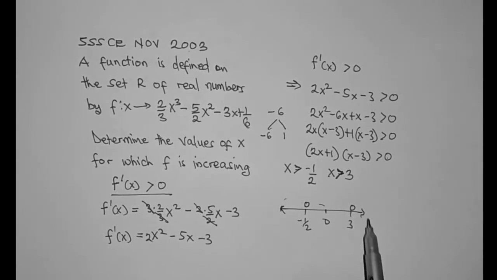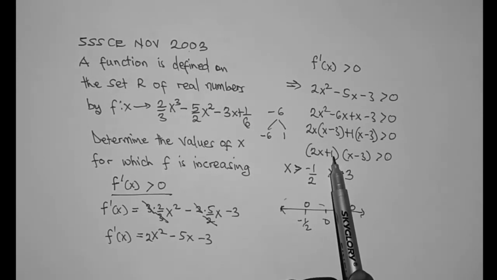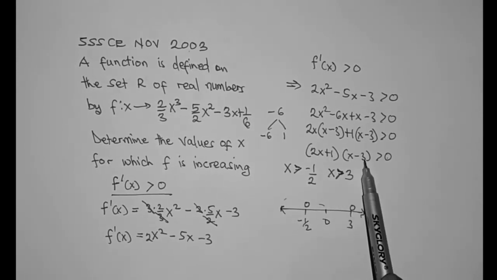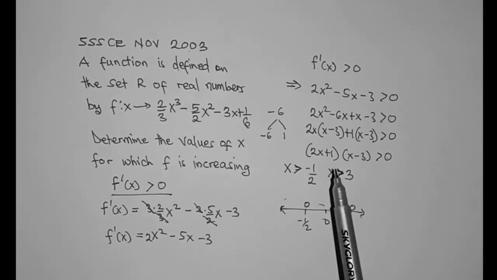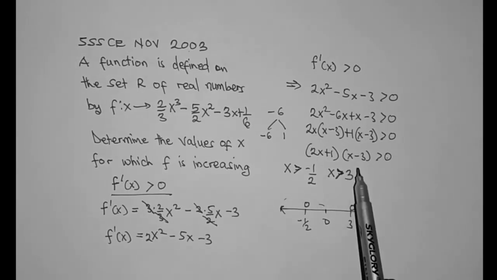Let's take values greater than 3, for example 4. 2 times 4 is 8. 8 plus 1 is 9. Then 4 minus 3 is 1. And 1 times 9 is 9. And 9 is greater than 0. So this region too is a required region.